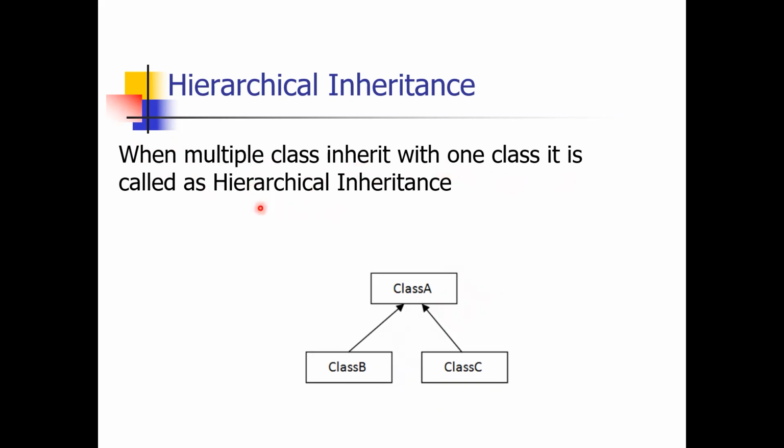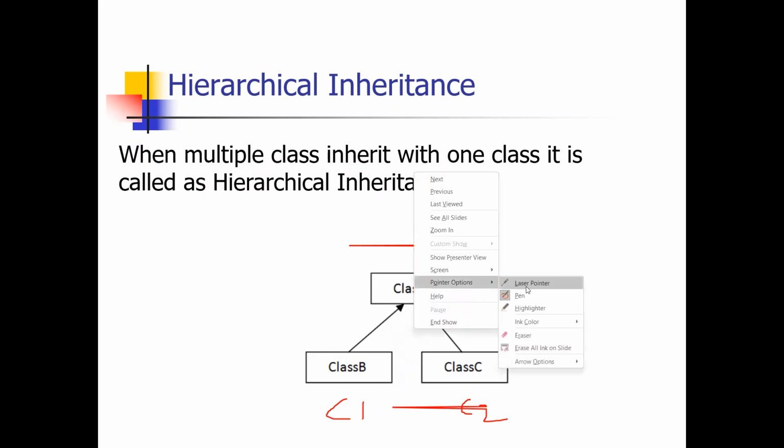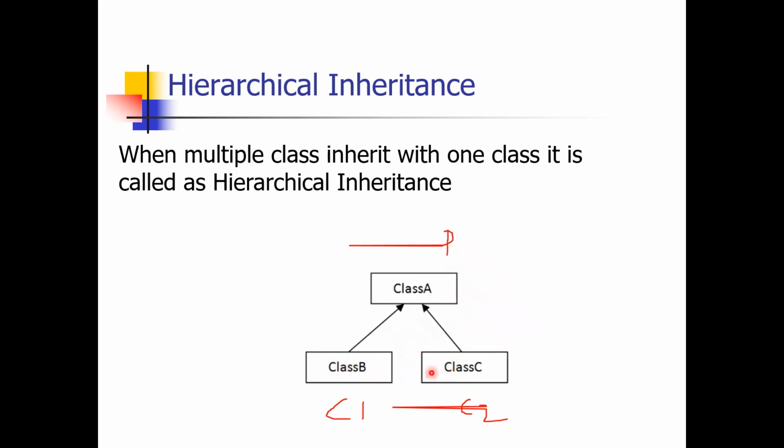Like this is the parent, and these are the two different children, child one and child two, like a boy and a girl. These two children inherit the properties of the same parent. Suppose this is a boy and this is a girl, or two boys, they will inherit the property of their parents. This is called hierarchical inheritance. Got it?